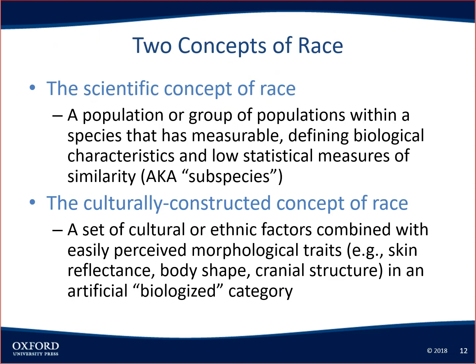So, the scientific concept of race: a population or a group of populations within a species that has a measurable, defining biological characteristic and low statistical measures of similarity, aka there's no subspecies. The culturally constructed concept of race: a set of cultural or ethnic factors combined with easily perceived morphological or phenotypical traits.